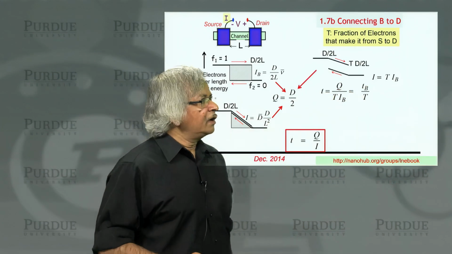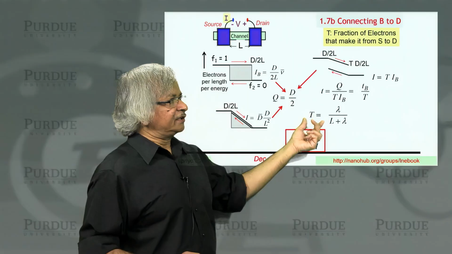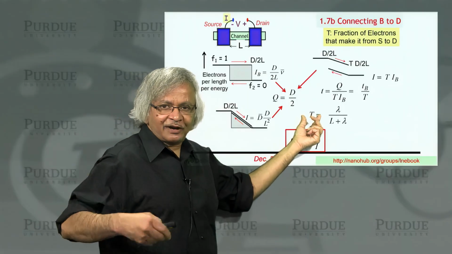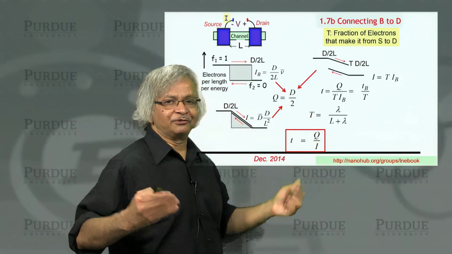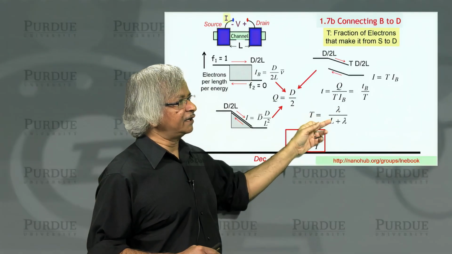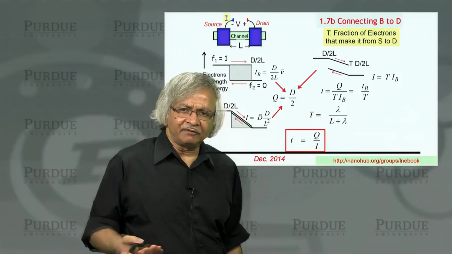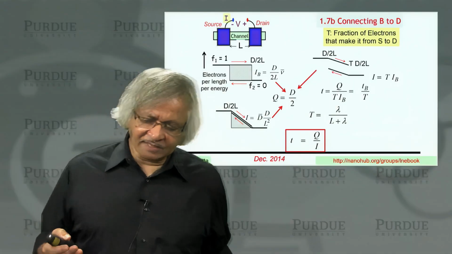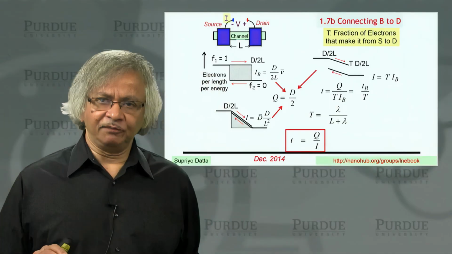Now, this transmission coefficient, this fraction of electrons that get from left to right, is actually given by mean free path divided by length plus mean free path. In fact, one could use this almost as a definition for mean free path.